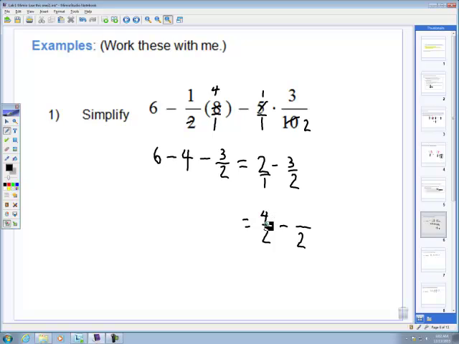And 3 over 2 will remain the same because it already has a denominator of 2. We add or subtract the numerators and keep the same denominator. 4 minus 3 is 1 over 2. So this problem reduces to 1/2. All right, let's try another.